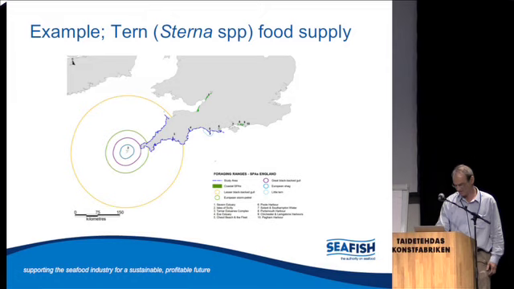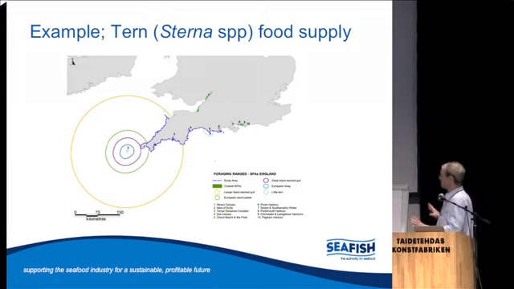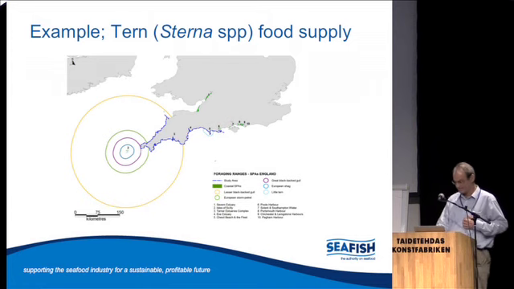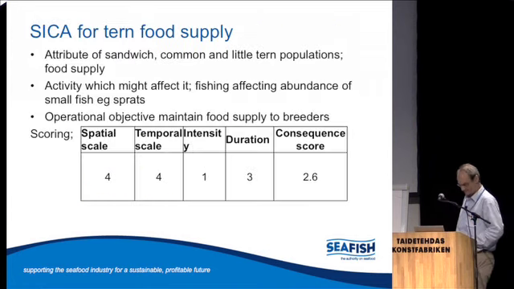It's just in this area here. Most of them have quite a big foraging area. The terns have a very small foraging area. And there are some pelagic fisheries there, so the question is about food supply for the terns for their breeding. So that's the unit, the attribute of the terns, which we scored.